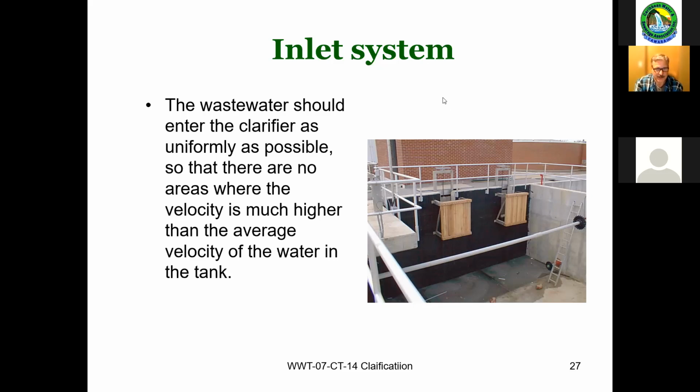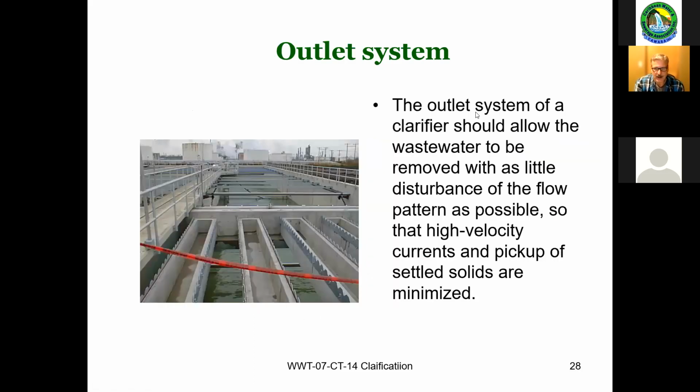So make sure you really take a few minutes and review the rectangular clarifier section. We talked about the outlet system with sawtooth weirs. These can be on rectangular or circular clarifiers. It's a good picture just showing the chain and flight mechanism.